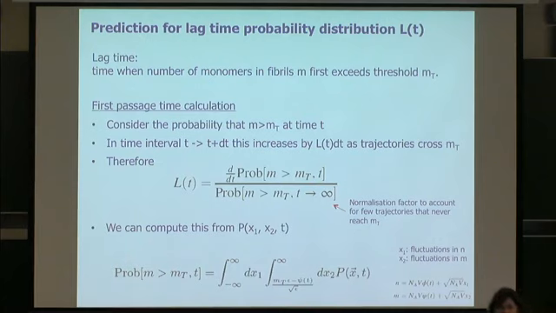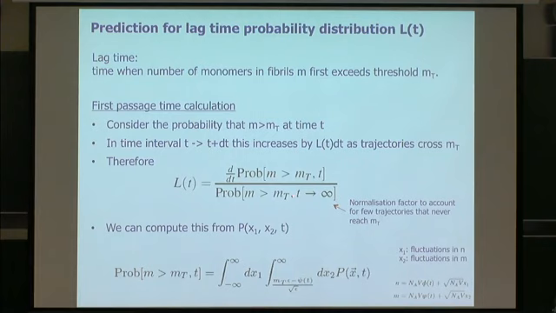It changes by an amount that equals the lag time, because the only way you can cross the threshold is by exiting the lag phase. So the time derivative of this probability is the lag time distribution, and that's a standard thing in first passage time statistics. If you can calculate this probability and take its time derivative, that tells you the lag time distribution.